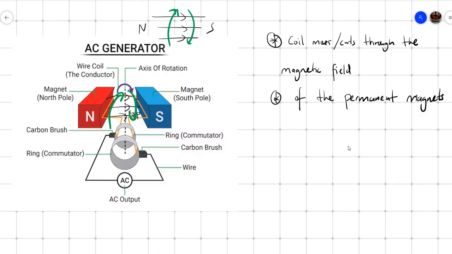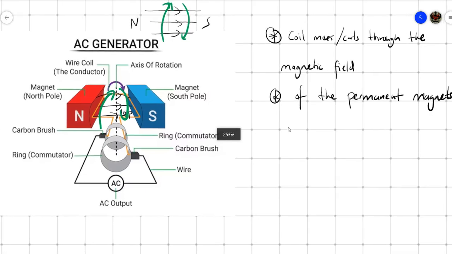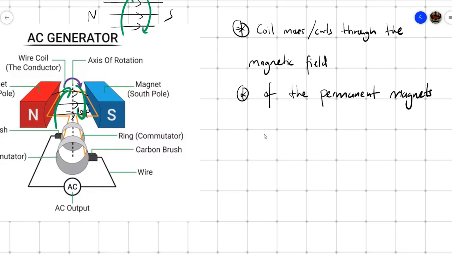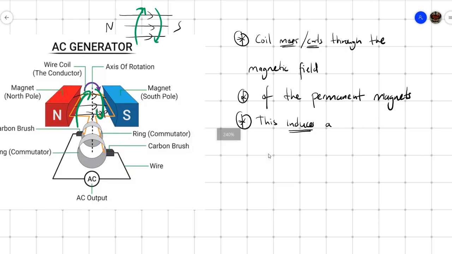Now what this does, cutting through the magnetic field, is, remarkably, induces. The keyword we need to use is induces. So this induces a potential difference.